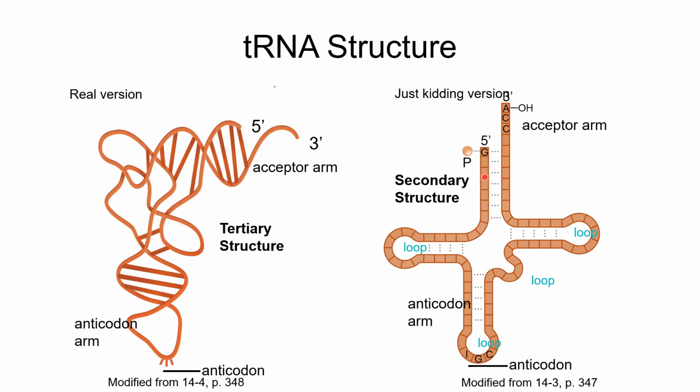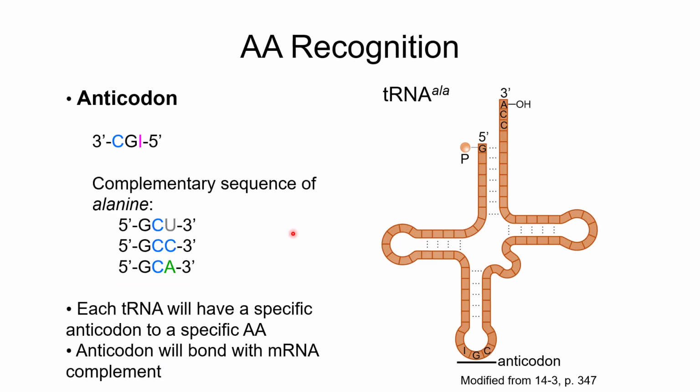Okay, so I told you this is just the secondary structure. If you look at the tertiary structure, you start to see how this is much more complex and how it kind of folds up on itself. Again, if we look at that anticodon, we see that inosine. This particular anticodon would be complementary to the codons of alanine, and it could bind to any one of these codons.